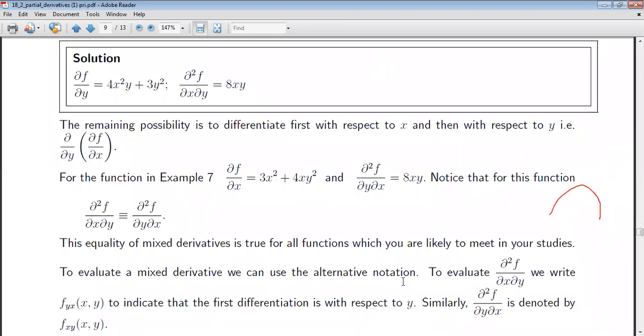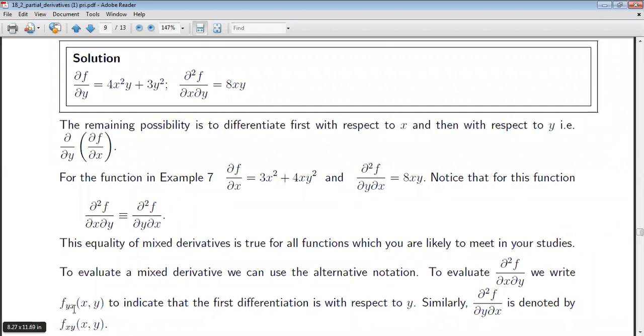In the second order derivative, we used the notation f xx for del square f del x square. So what is the notation for del square f del x del y? See here, f of yx.